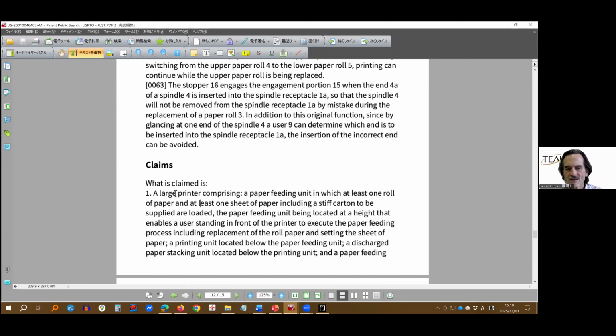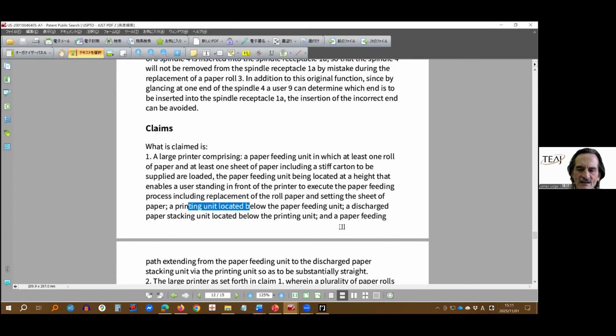The largeness aspect is not a limitation on the claim elements. The claim elements are the paper feeding unit and a printing unit and a discharge stacking unit. None of these units is large or small, so that's why the examiner let them get away with this.